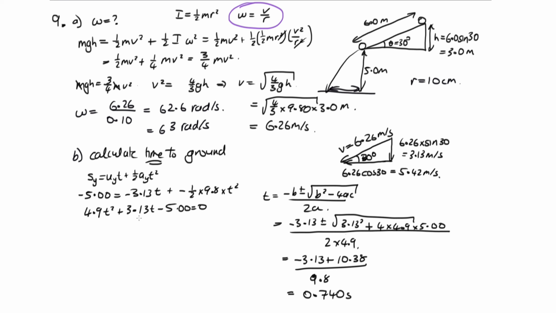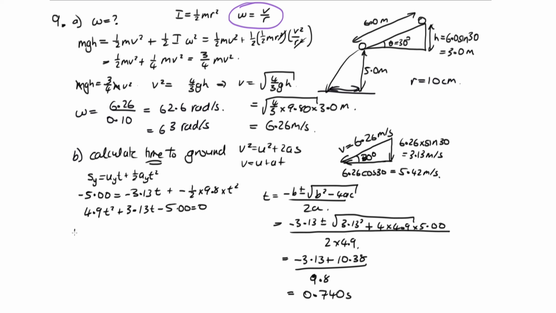Now, if you're not happy with the quadratic equation, another way to do this is to use v squared equals u squared plus 2as, and you can use this to calculate the speed when it hits the ground, and then you can use v equals u plus at to calculate the time. Okay, but now we have the time and we're trying to get the distance it travels.